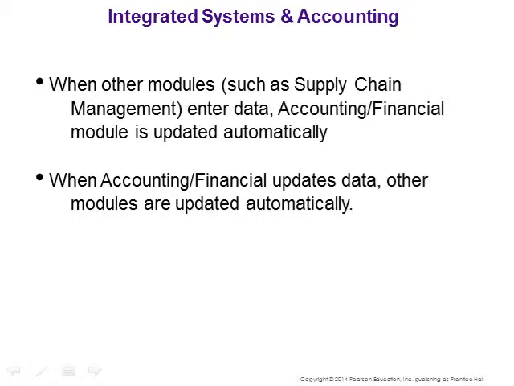So as payroll is calculated, perhaps the HR system, which may track gross salaries and wages paid to an employee, could also be updated at the same time. So there's a lot of efficiency and enhanced functionality that goes along with these integrated systems. Obviously, these generally cost more as well and are more expensive to maintain.